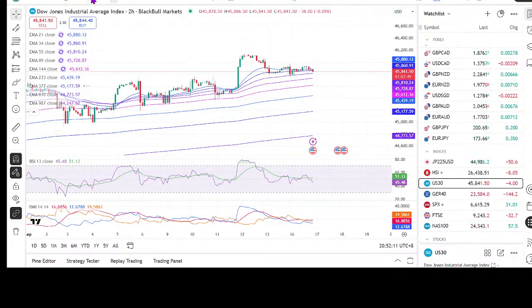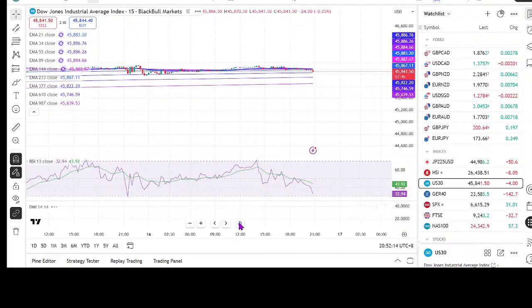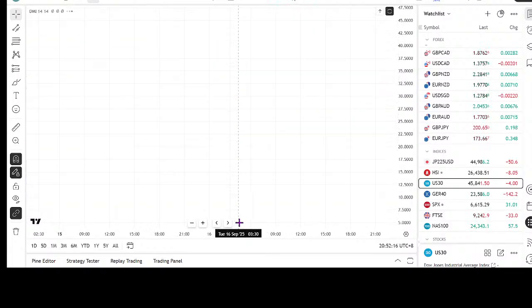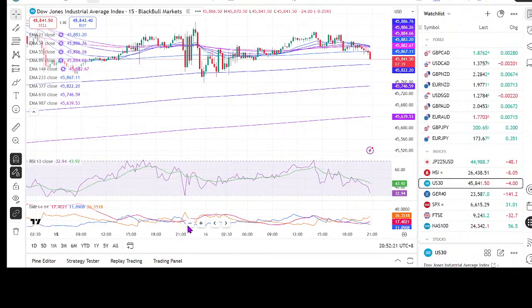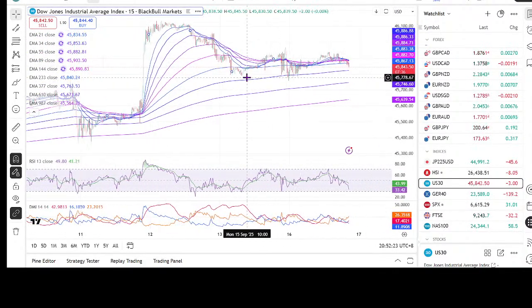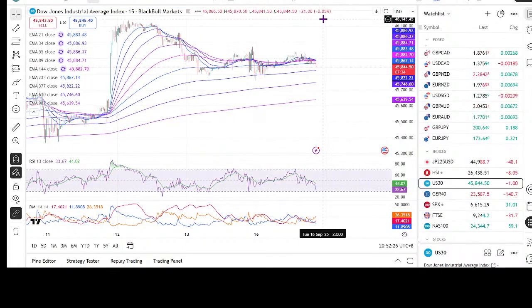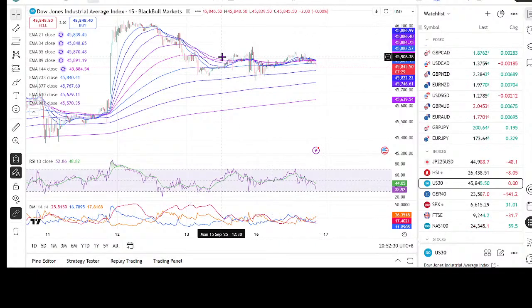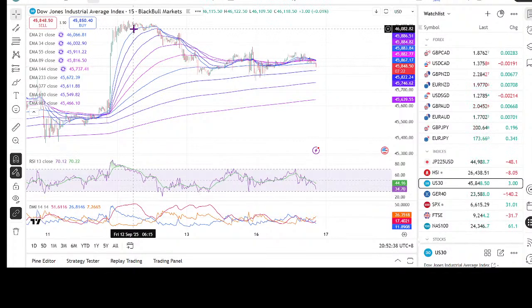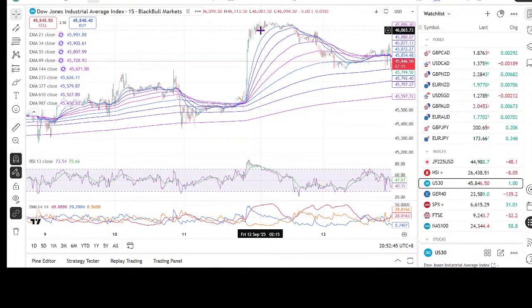So looking at it now, okay, there is a possibility that this is going to be a major top. Yesterday, when we were discussing, I remember we were saying that this 46 120 30 was one level we were looking at, and this one happened.